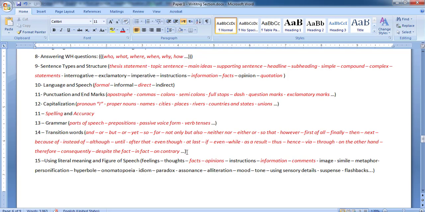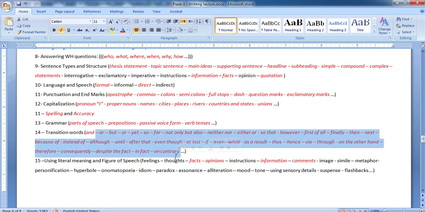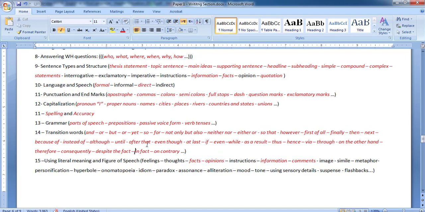Transition words, everything you remember out of transition words is very good. Okay, the conjunctions and the subordinating conjunctions, the sequencers, the time order. The time word orders are very important and crucial inside your writing.